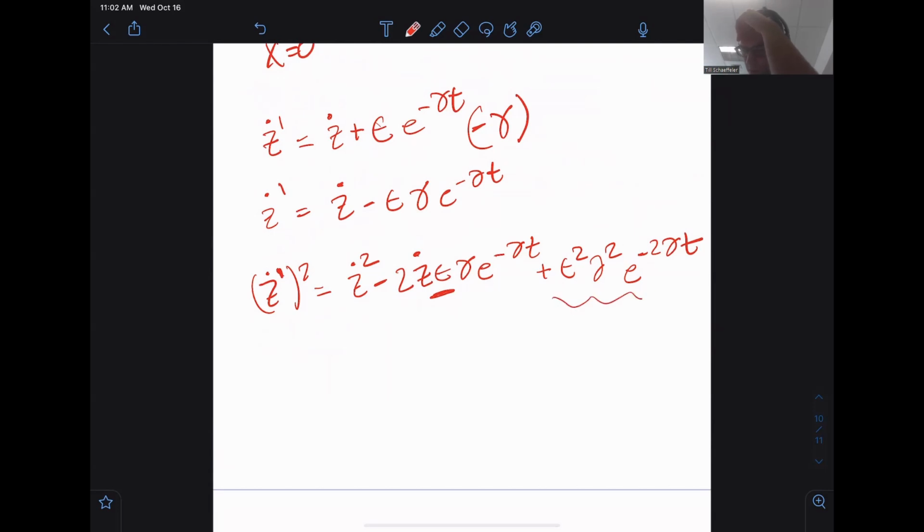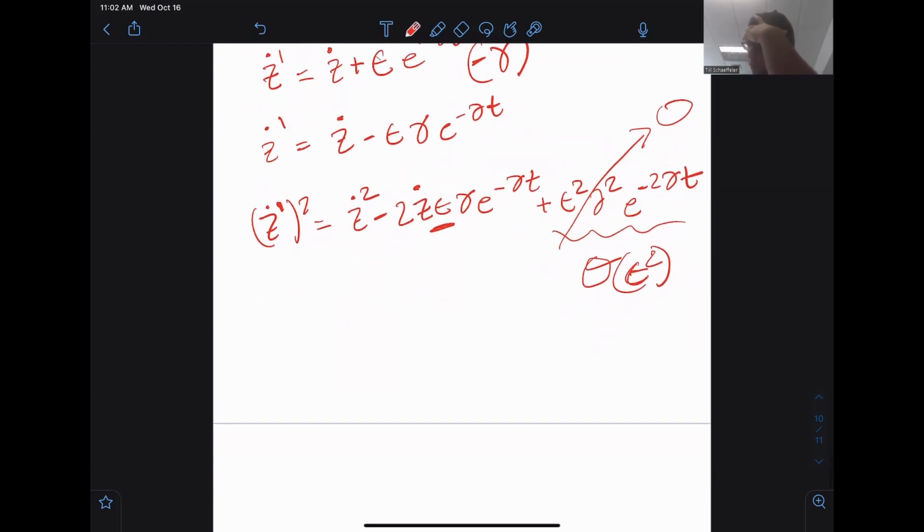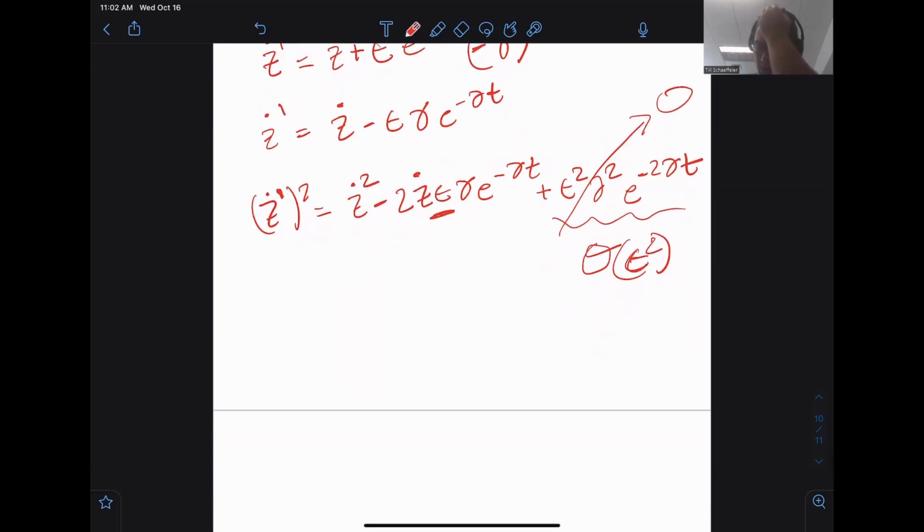So this term here is going to go to 0 because I'm ignoring terms of order epsilon squared or higher, which means the z dot prime squared that I'm keeping is just this.